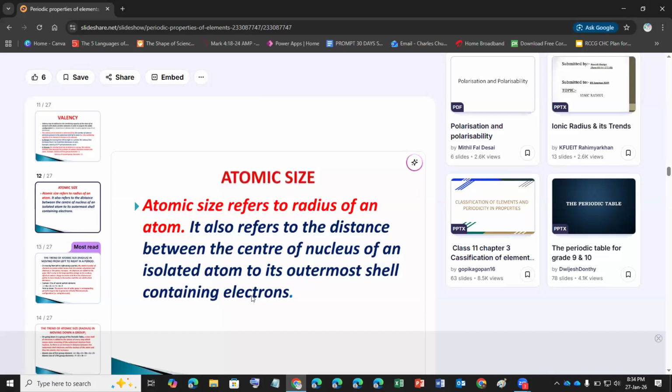And you can even think about it this way. The nucleus, which contains protons, is exerting an attraction, like a magnetic pull. I don't want to use the word magnetic, but you understand what I'm trying to say. Positive attracts negative. So the protons concentrated inside the nucleus are pulling on the electrons that are immediately around it.